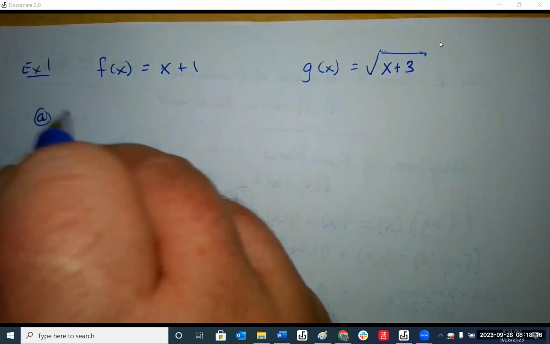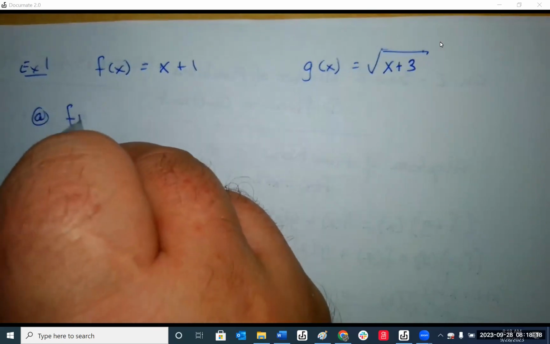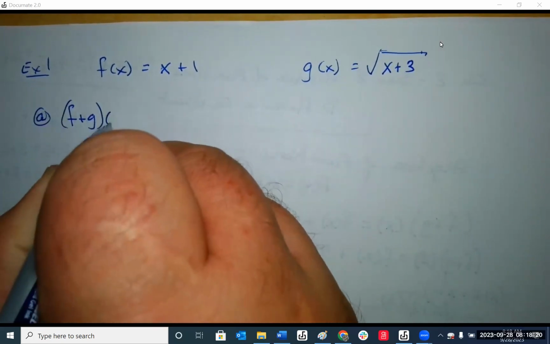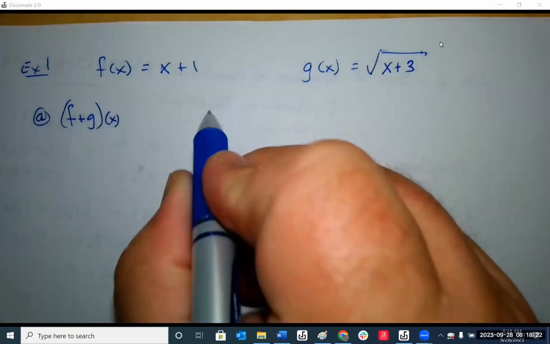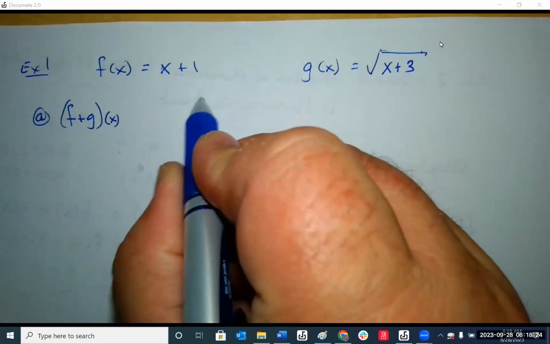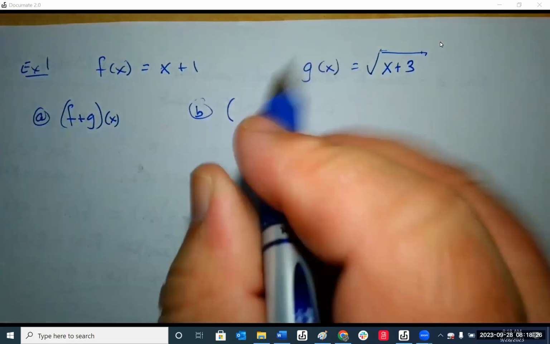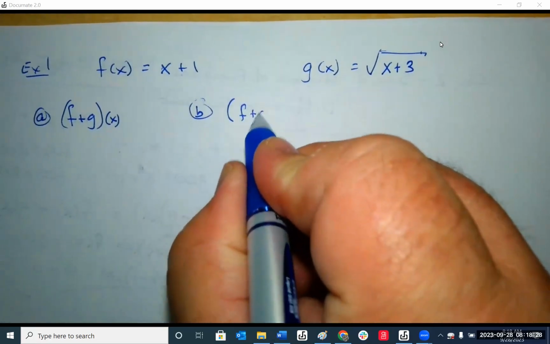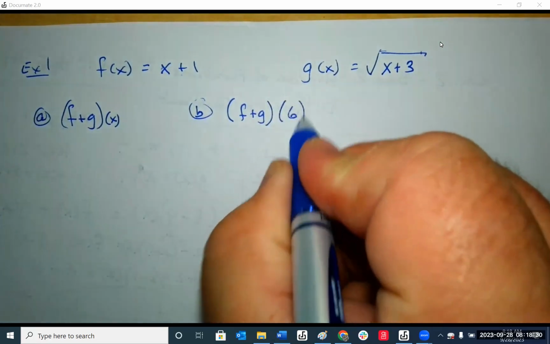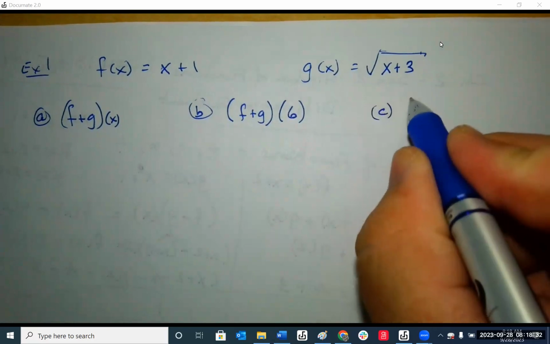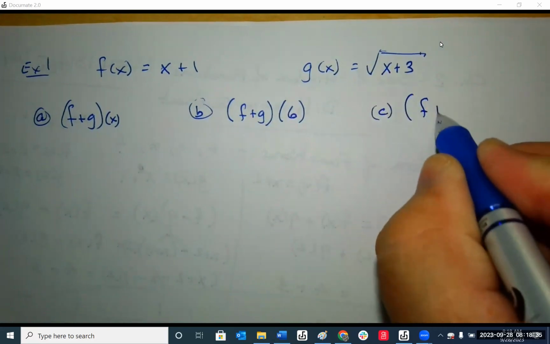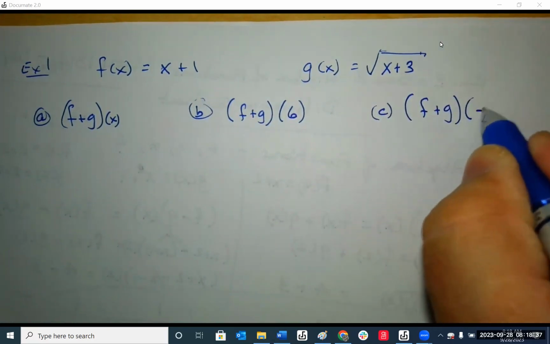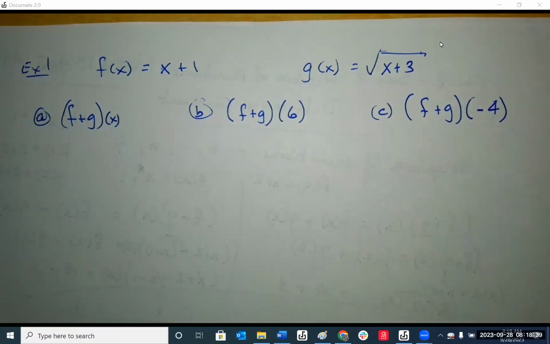Find these. A is f plus g. B is f plus g at 6. And C, f plus g at -4. So work those out real quick.